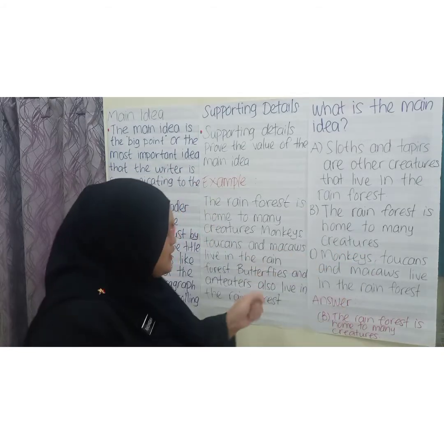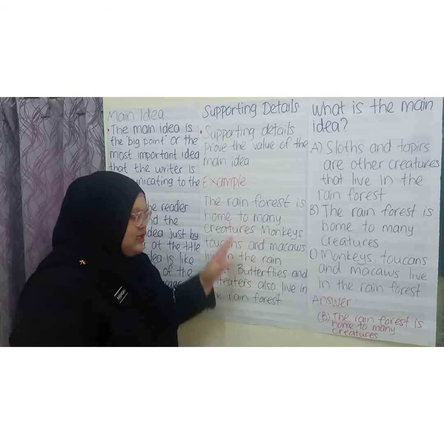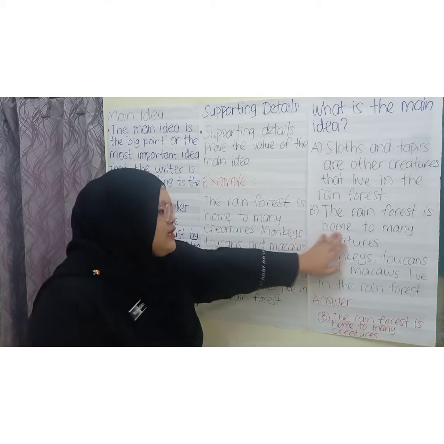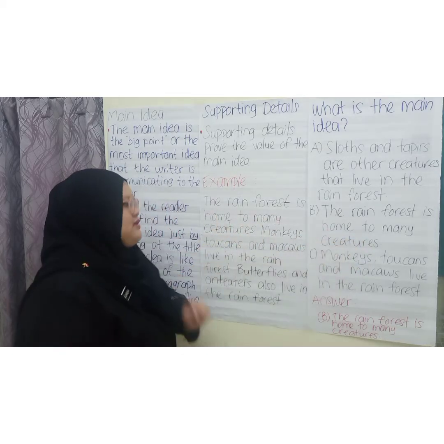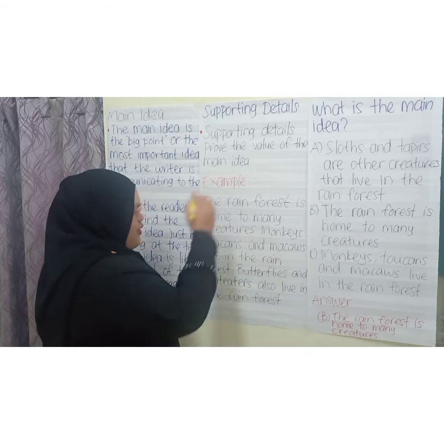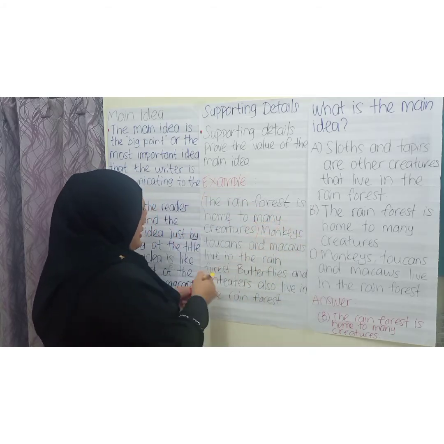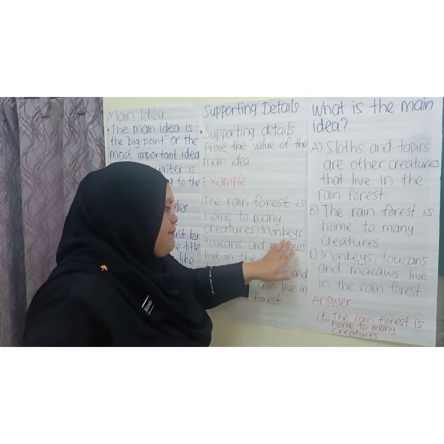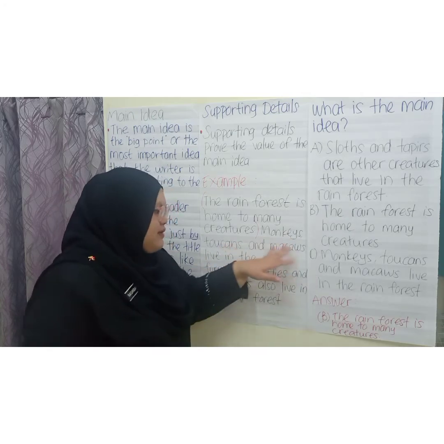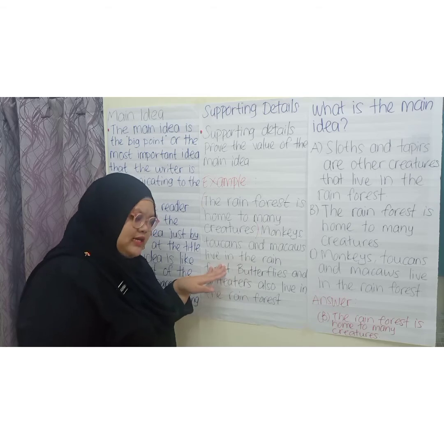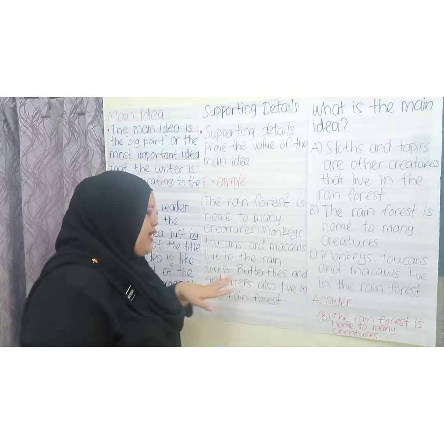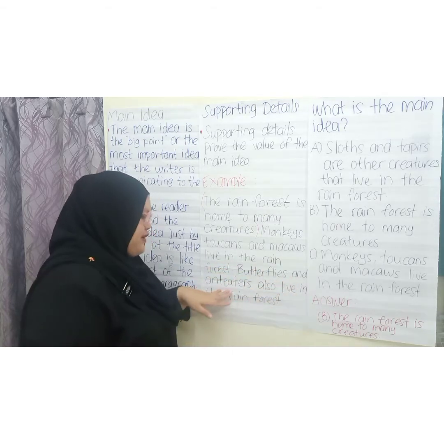Okay, now let's look at the reading text again. So where is the rainforest is home to many creatures located? Okay, it is from the first sentence. Okay, so how about monkeys, toucans, and macaws live in the rainforest, and butterflies and anteaters also live in the rainforest.